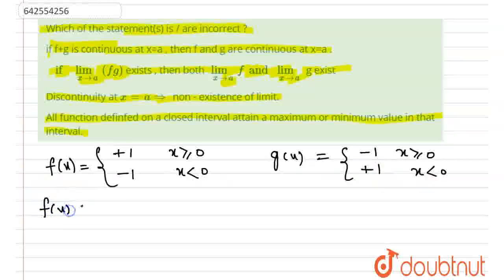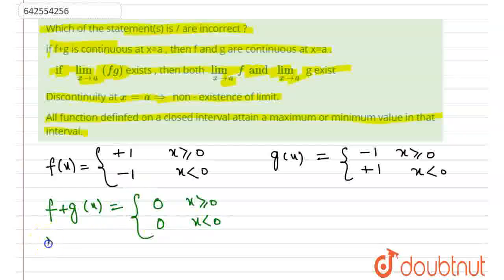Then f(x) plus g(x), that is (f plus g)(x), would be equal to, for x greater than or equal to 0, 1 plus minus 1, that is 0, and for x less than 0 we have 0 again.